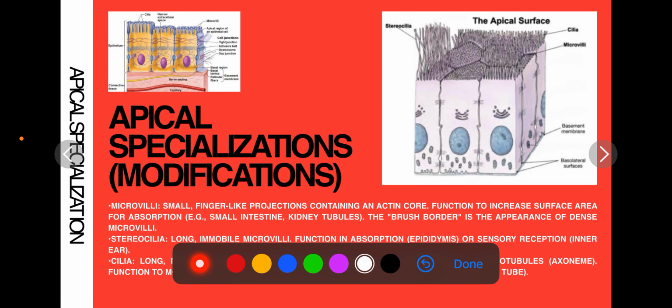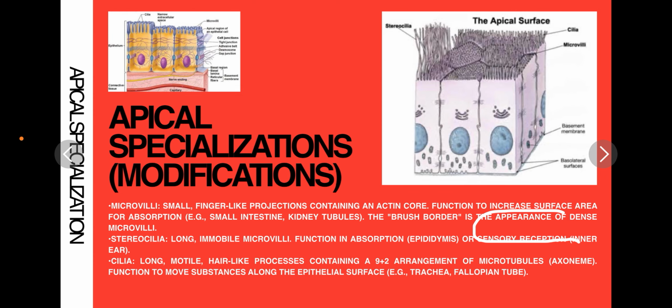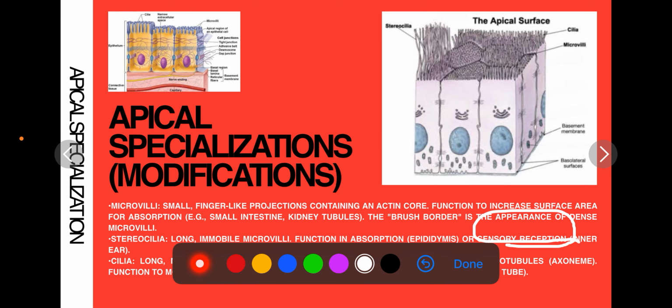It is also used in sensory reception, in the inner ear. You use stereocilia. So you can remember it with the stereo of the sound of the music of this appliance. It's stereo because it is found in the ear.